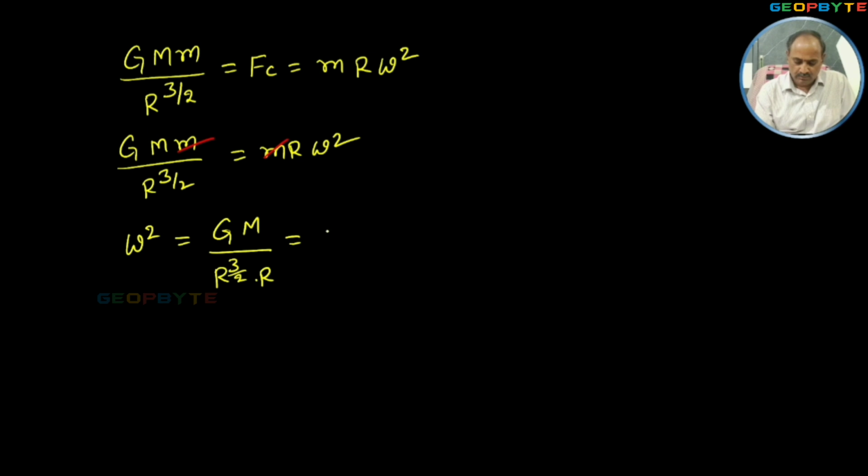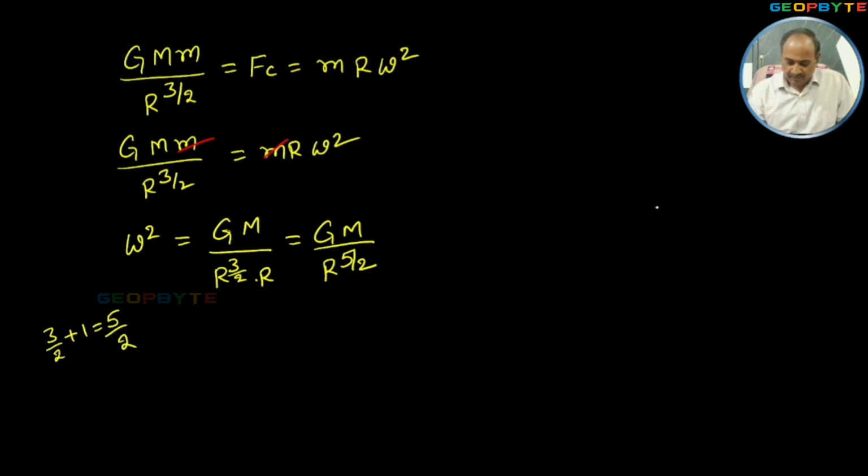It is equal to GM by r power 5 by 2, because 3 by 2 plus 1 is equal to 5 by 2. But as you know, the time period T equal to 2 pi by omega. From this angular velocity omega equal to 2 pi by T.